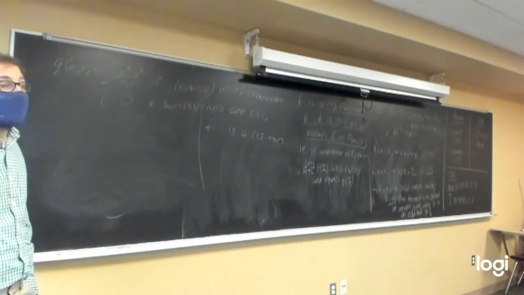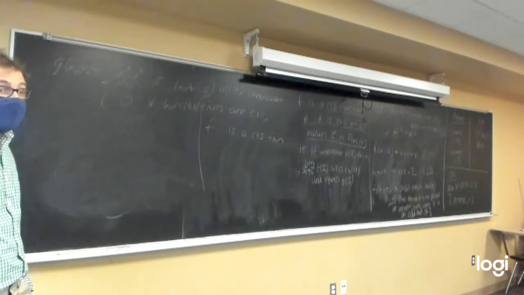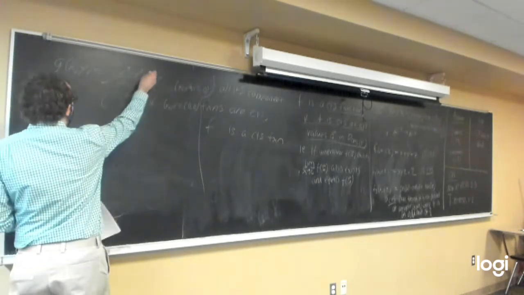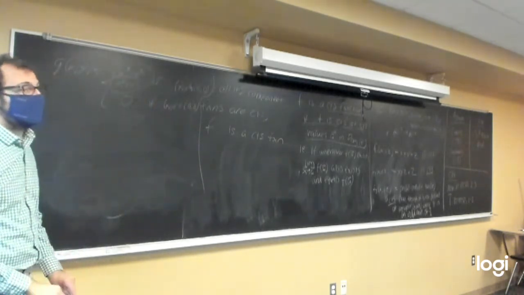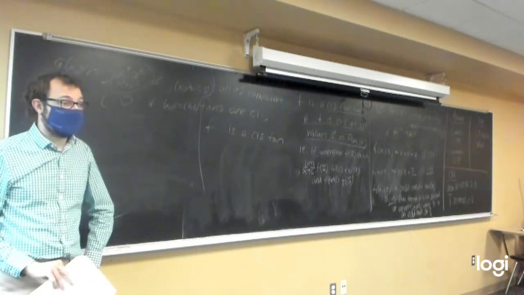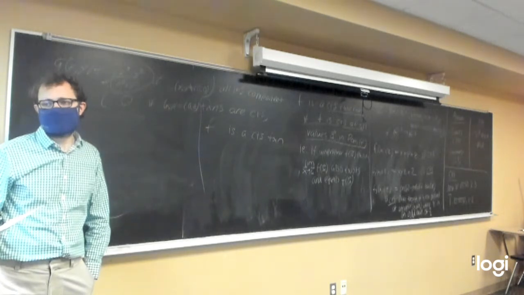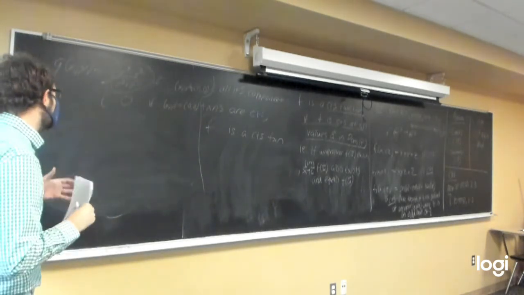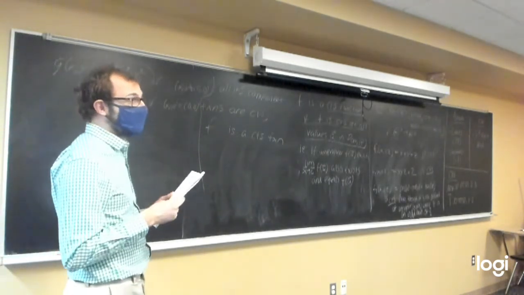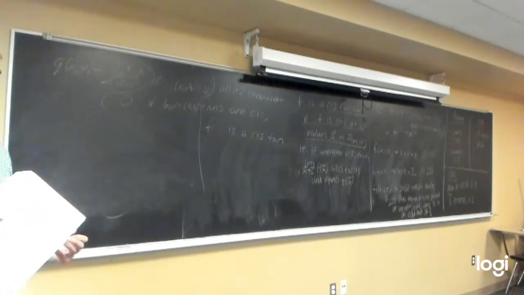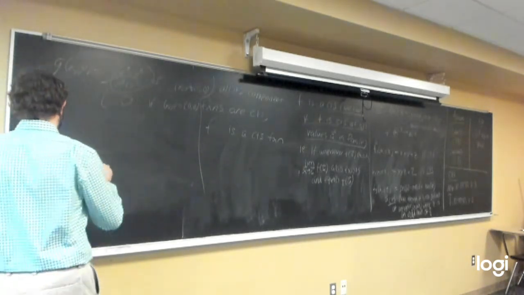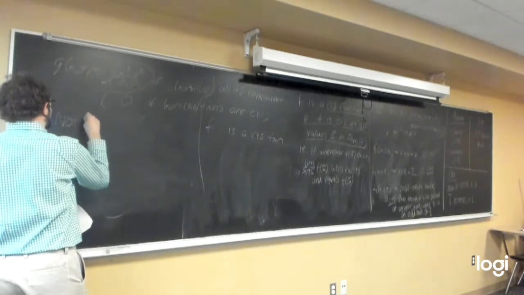So right off the bat, does anybody have, is this function ever going to fail to be continuous anywhere other than at the origin? Tim? I agree. I think x squared minus y squared over x squared plus y squared is going to be continuous everywhere it's defined. So let's write that in.